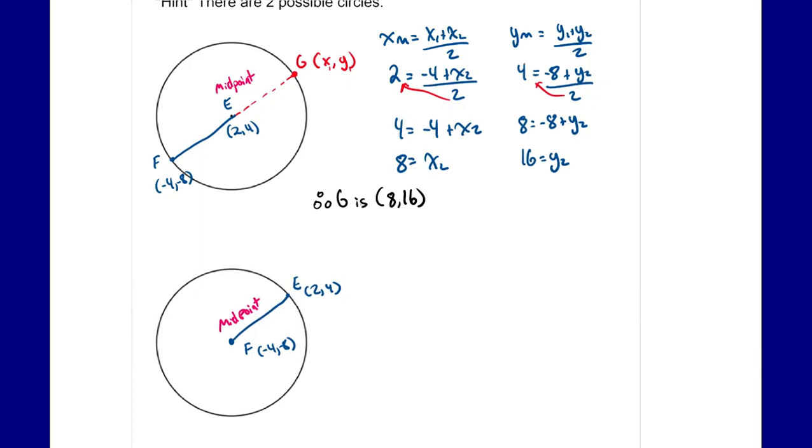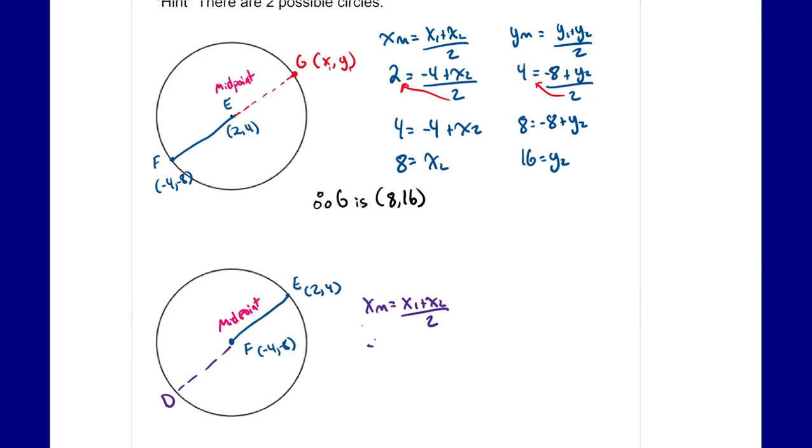I'm going to do the exact same thing to find, we already did G, let's call it D. So we're trying to find point D. The x midpoint is equal to x1 plus x2 divided by 2.